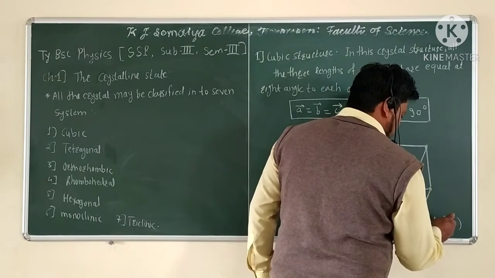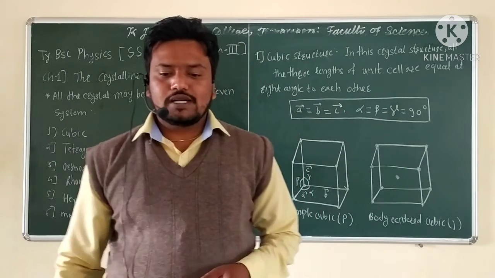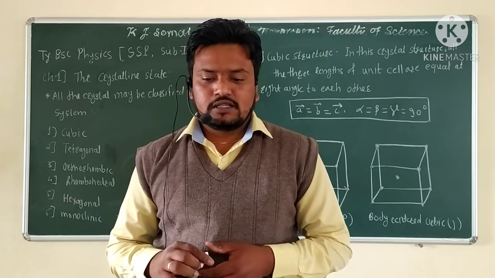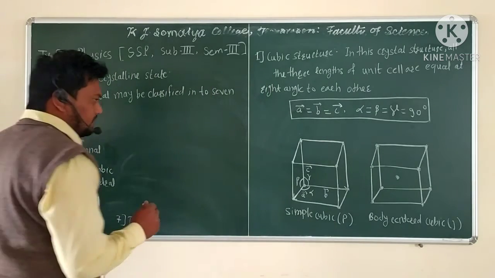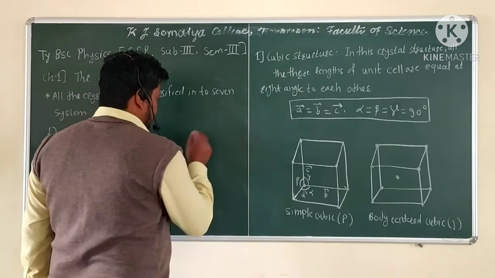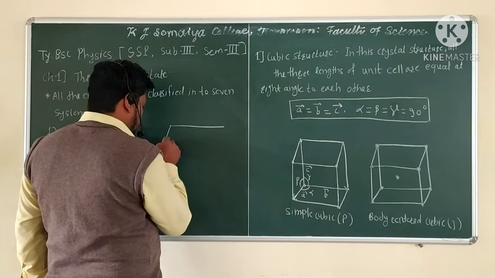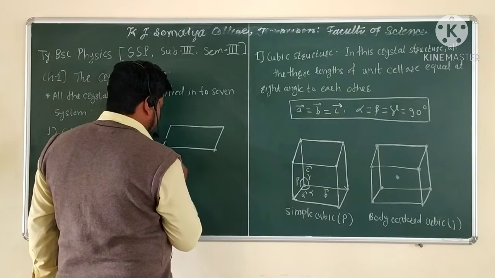Now this cubic system has one more structure, the face centered cubic structure, and the figure is shown here, because you have to know that there are a total of 6 faces in the cubic system.